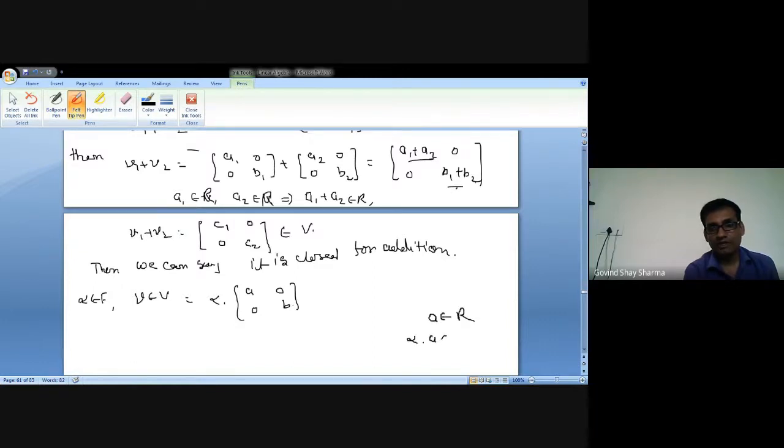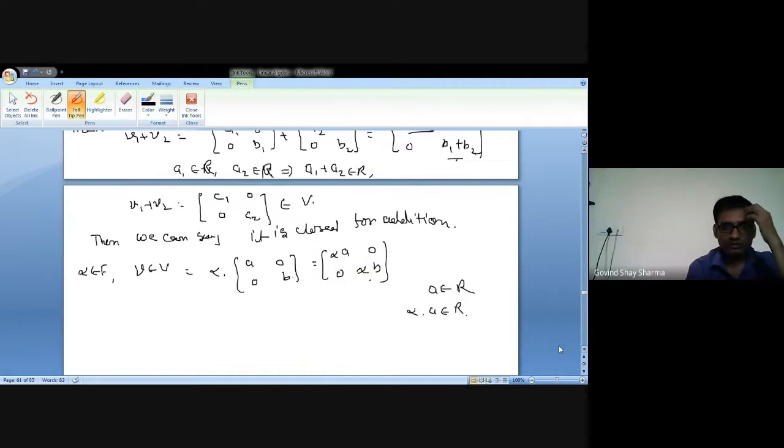When we take the scalar product of an element from R with another element from R, the resultant is also from R. So we get [alpha A, 0; 0, alpha B].